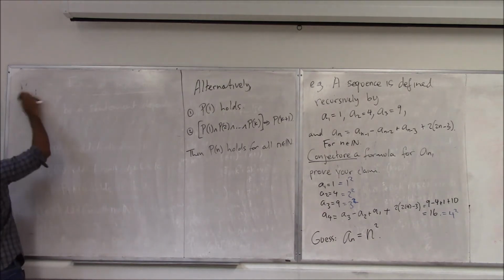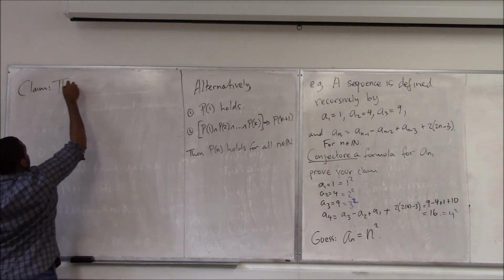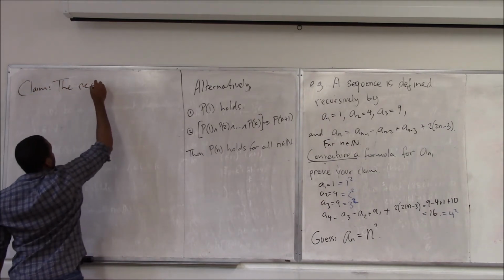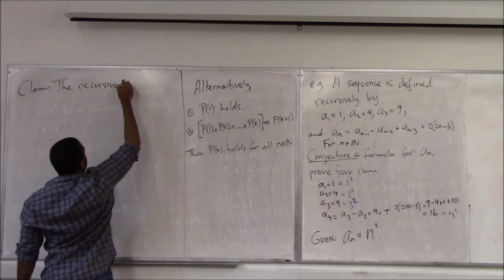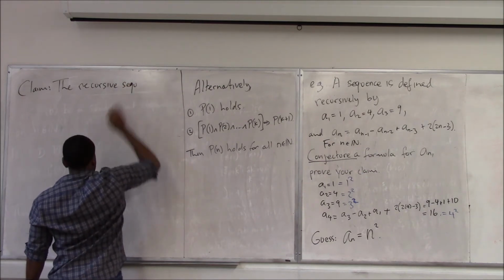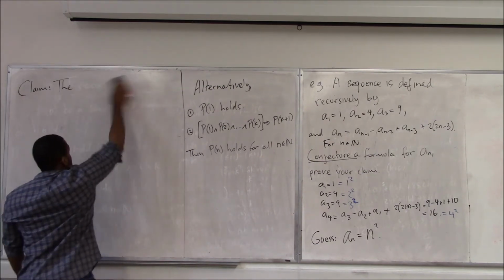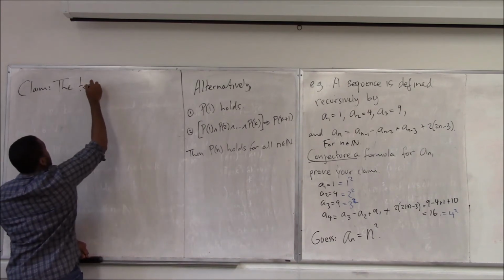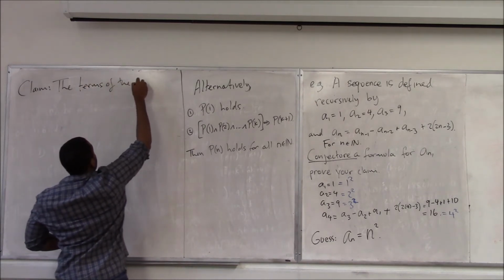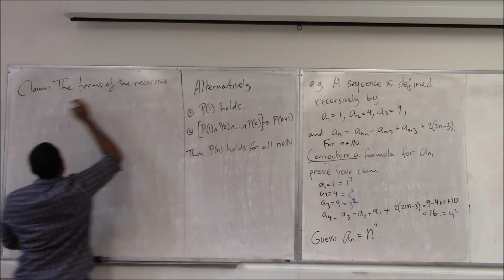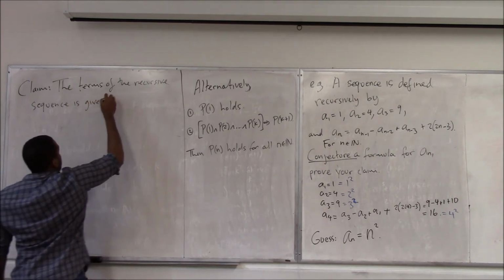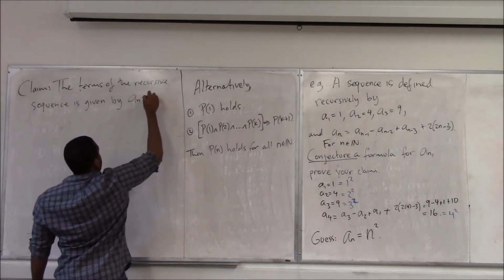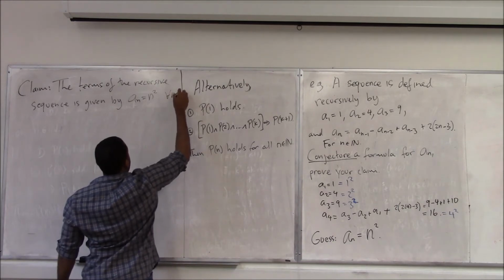Well, let's actually make a claim first. The recursive sequence is given by a_n equals n squared for all n in the natural numbers.